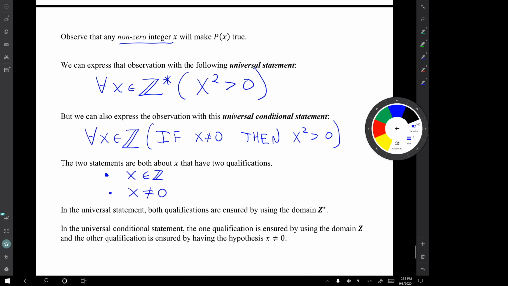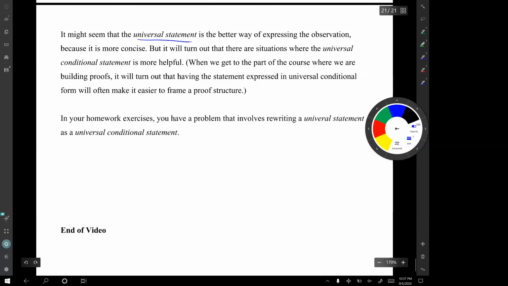In the universal statement, both qualifications are ensured by using the domain Z star. But in the universal conditional statement, one qualification is ensured by using the domain Z, and the other is ensured by having the hypothesis that x is not equal to 0. It might seem like the universal statement is the better way of expressing the observation because it's more concise.